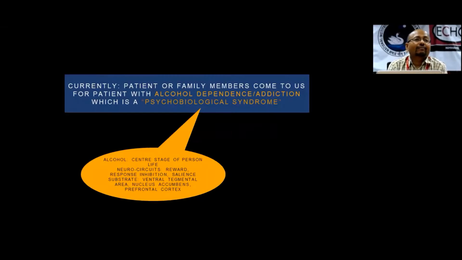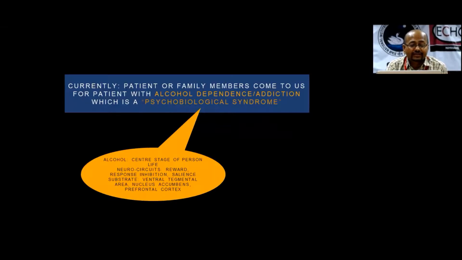If you look at the evolution of the conceptualization of addiction, currently patients or family members come to us for patients who are alcohol dependent or addicted, which is a psychobiological syndrome. The core feature is salience, that is, alcohol becomes center stage of a person's life.